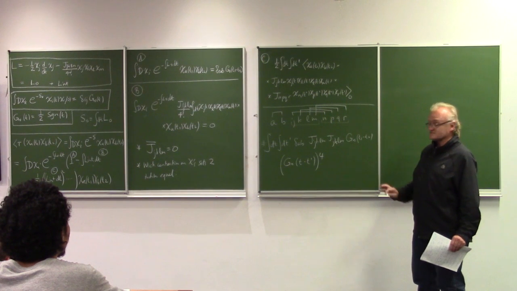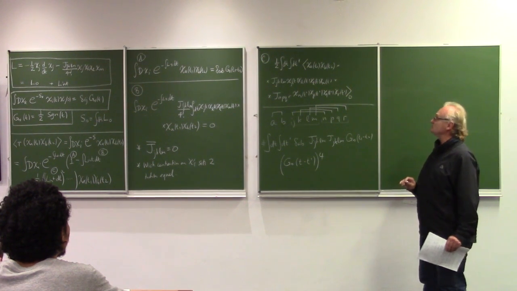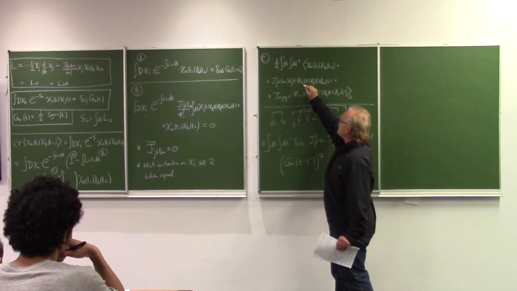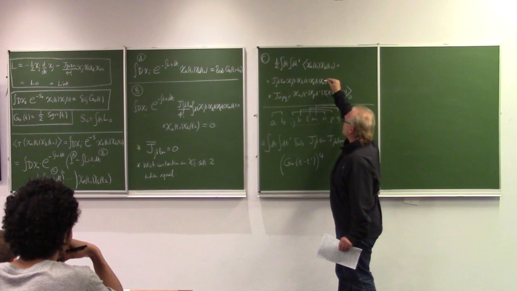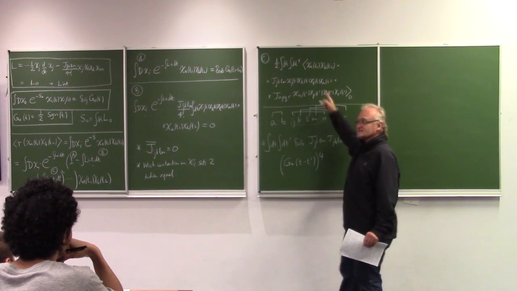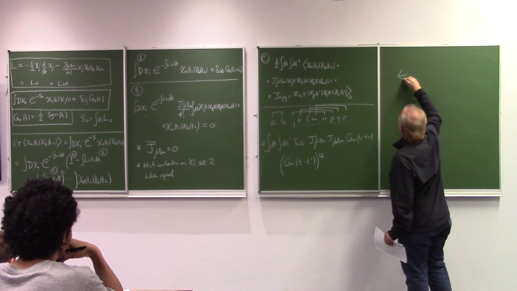If we draw this in a Feynman diagram, this diagram would look as follows. Our interaction has the chi J, chi K, chi L, chi M. So this is 4 fermion lines for the vertex. So there's 4 fermion lines.